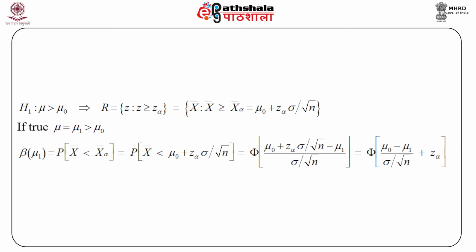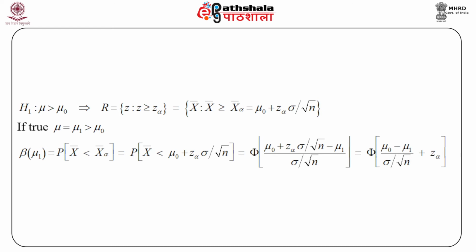So this is our first alternative, and if we have the true value of mu equal to mu 1, which is greater than mu 0, then we can see that beta of mu 1 is equal to probability x bar less than x bar alpha. And this, as you can see on your screen, is equal to probability of x bar less than mu 0 plus z alpha into sigma by root n.